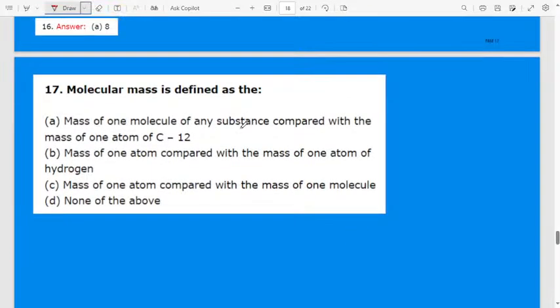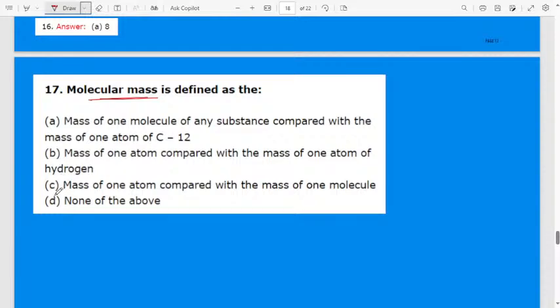Next question. Molecular mass is defined as... What is the definition of molecular mass? Option A, the mass of one molecule of any substance compared with the mass of one atom of carbon 12. Option B, the mass of one atom compared with the mass of one atom of hydrogen.